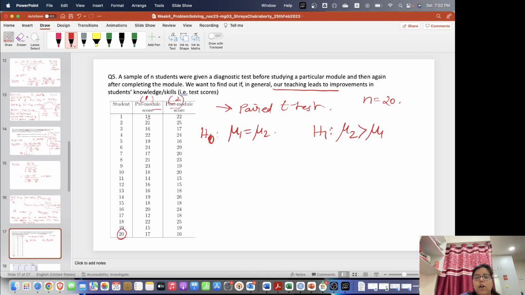Now, why is it a paired t-test? Because these observations are based on the same sample, not from two different samples. In order to do this, the first and foremost thing is to find D, which is post-module minus pre-module.